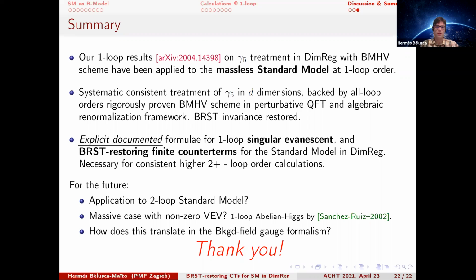This approach using the Taylor identity order by order allows you to find at once the complete set of finite BRST restoring counter terms at the h-bar order you are looking at. And from that, you know that if you then do particular calculations, when you use these counter terms, automatically the BRST symmetry will be restored. Okay, thank you.